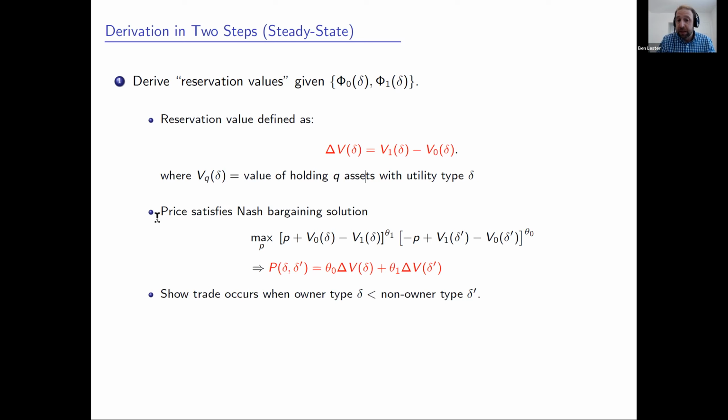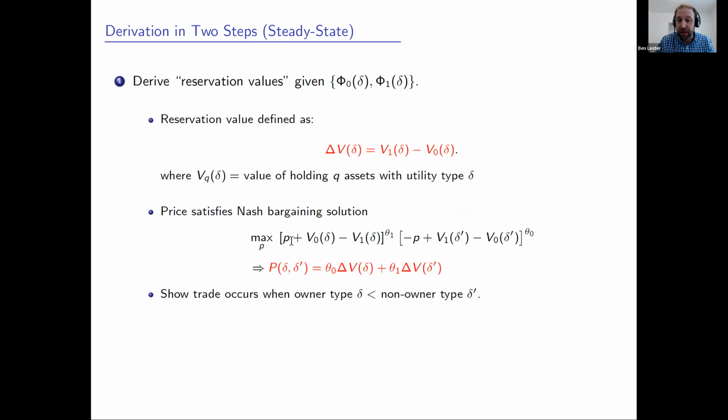The price, we can solve for immediately. It solves this very simple Nash bargaining problem where the person who owns the asset, their payoff from trading would be P, plus their continuation value would be V0. They would no longer own the asset. Whereas their outside option is just continuing to own the asset, which is V1.